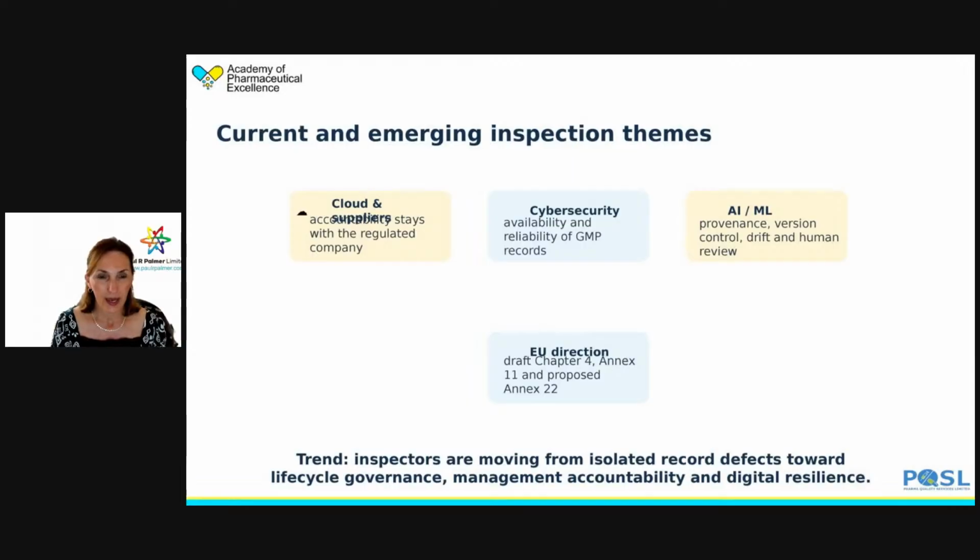Obviously Annex 22 is in draft, but it indicates a regulatory direction, because artificial intelligence is here to stay, and we will be using it more and more. So we should prepare for the direction of travel, and be ready when these things come in.